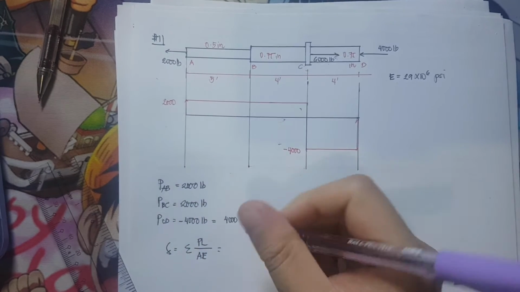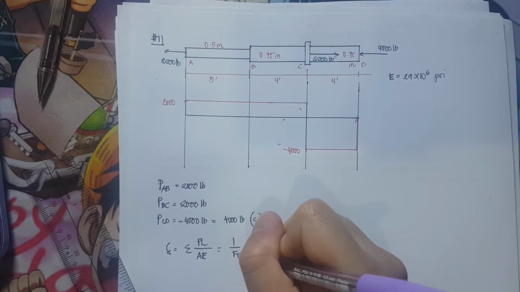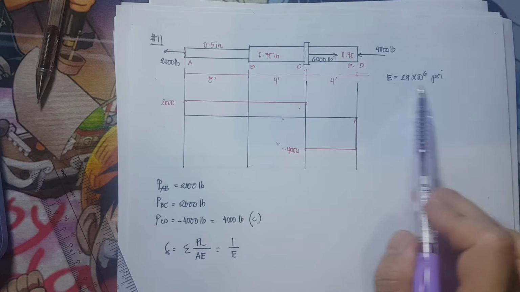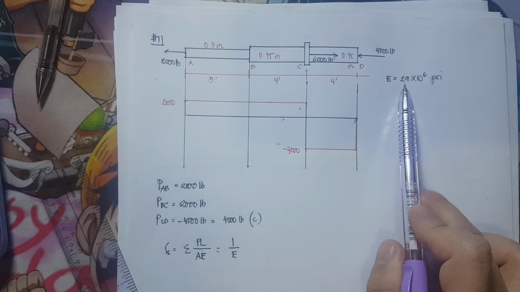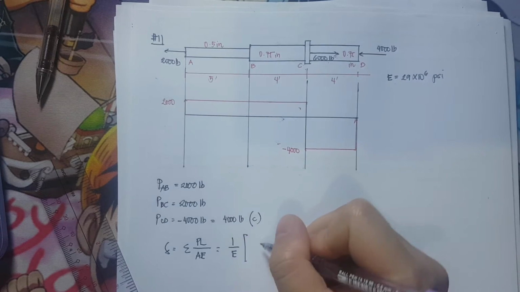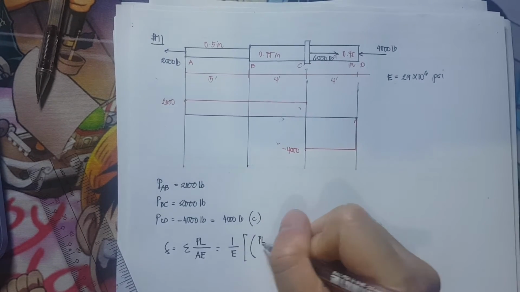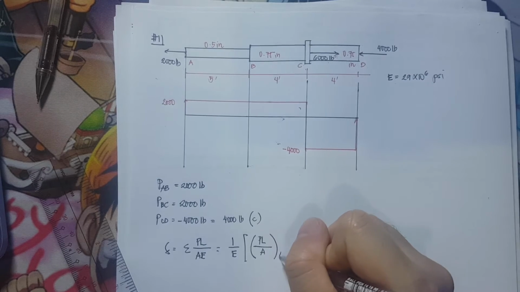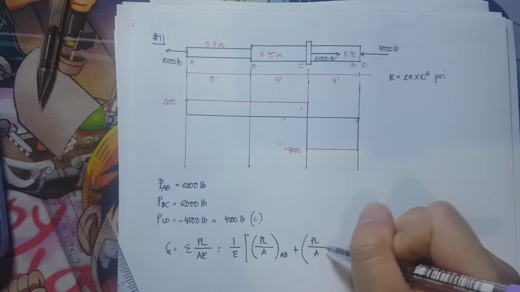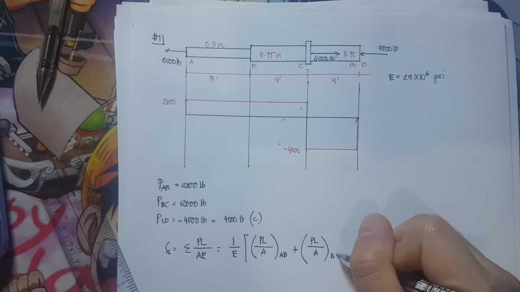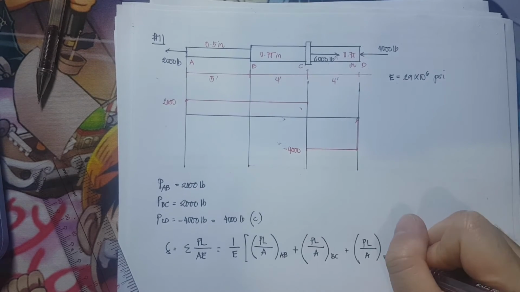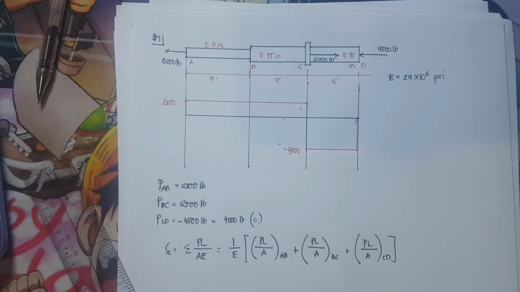So this is equivalent to 1 over E. We factor out E because we have the same E for all of the material, which is 29 times 10 raised to 6. Okay. So this is times PL over A of segment AB plus PL over A of segment BC plus PL over A of segment CD, or material CD.